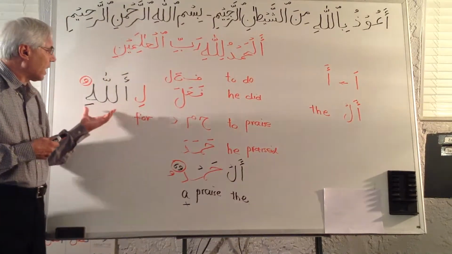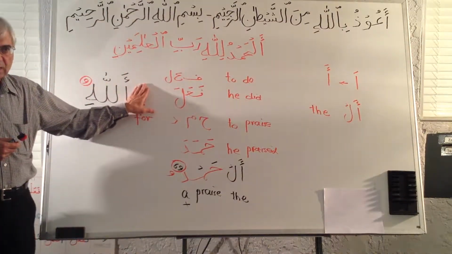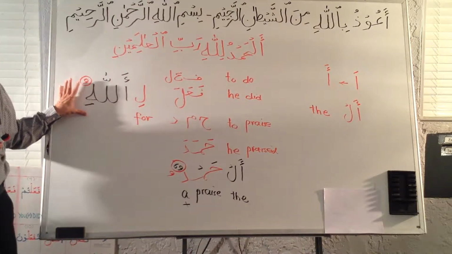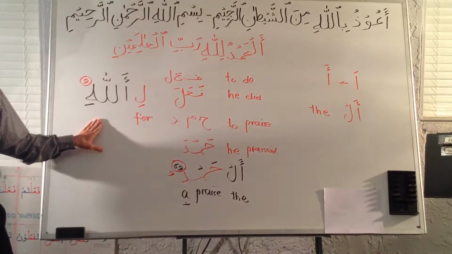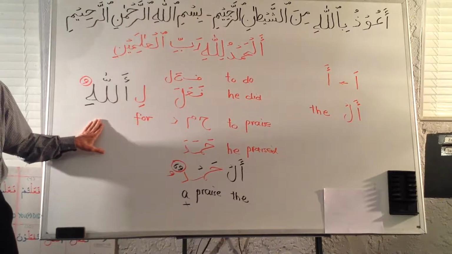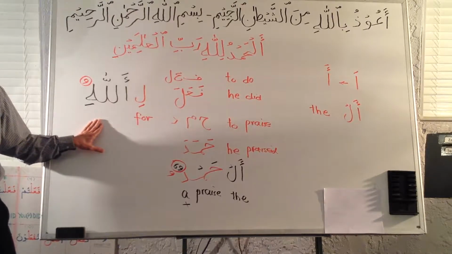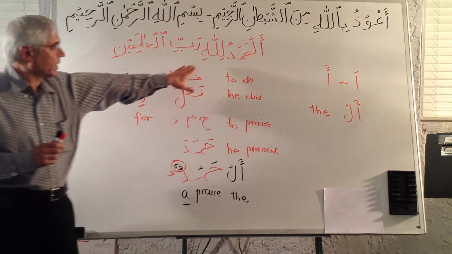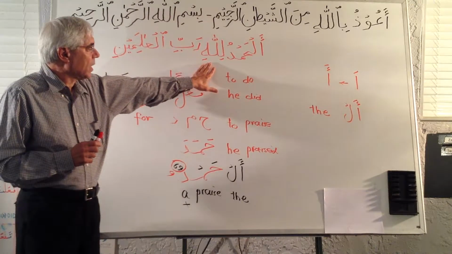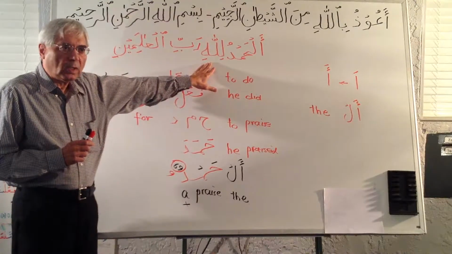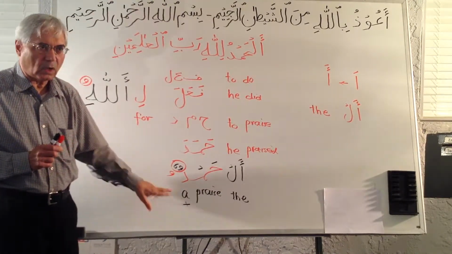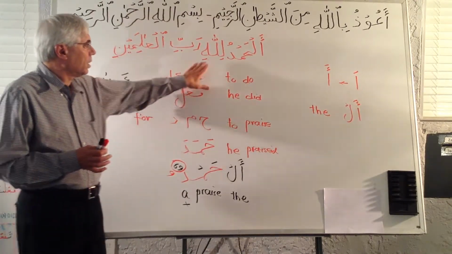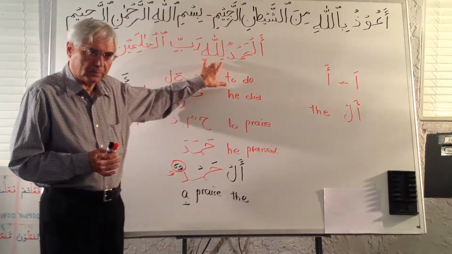So, separately, this is li, this is Allahu. The combination of these is lillahi. Lillahi means for Allah. That's the second word of Surah Al-Fatiha. Alhamdu lillahi. All praise, or the praise for Allah.